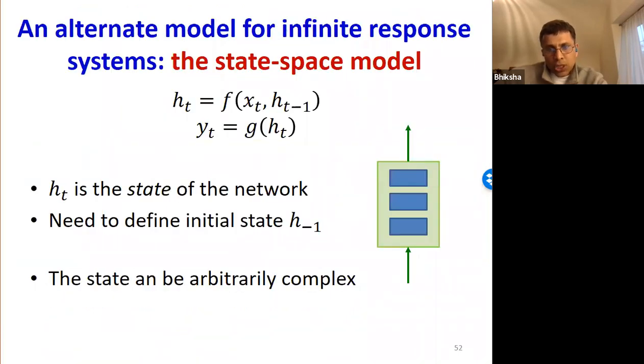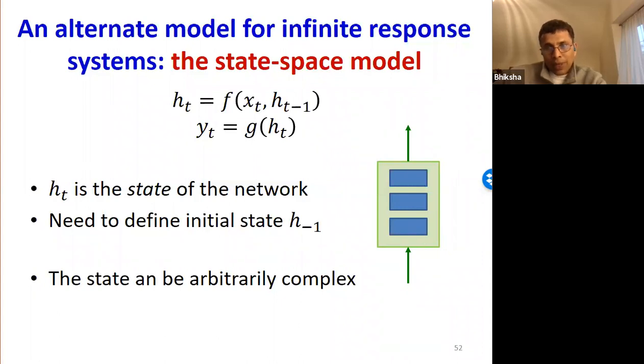Now, although I showed the state variable with just a single box in the previous slide, you mustn't take this to mean that the state variable is just a single hidden layer. In fact, the state can be arbitrarily complex with any number of hidden layers. So you could have a state of this kind. Here, the state portion of the network actually has 3 layers.